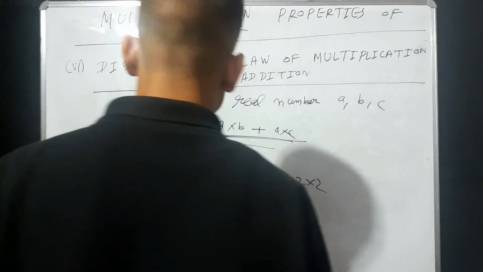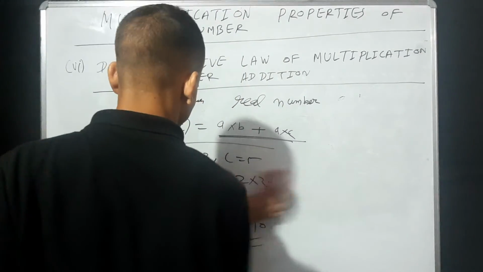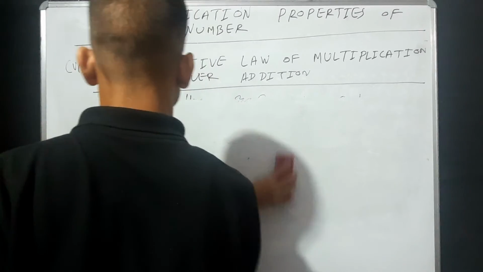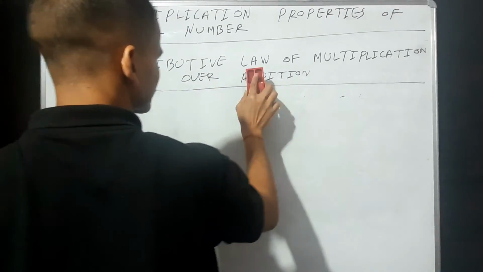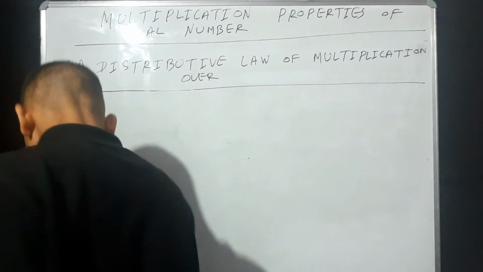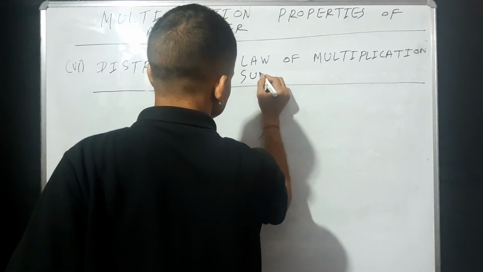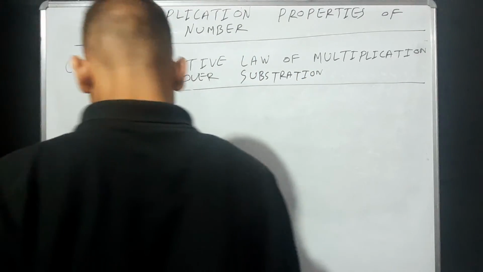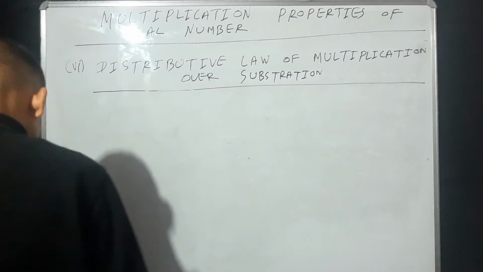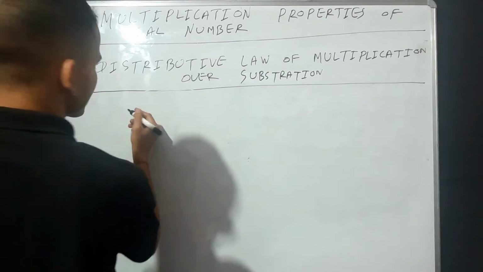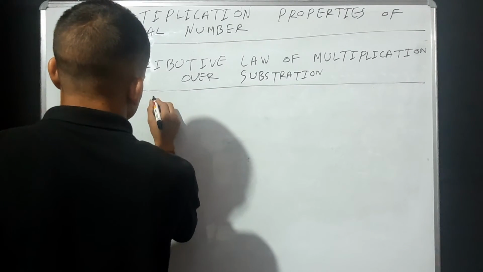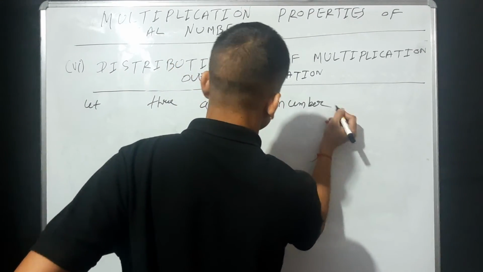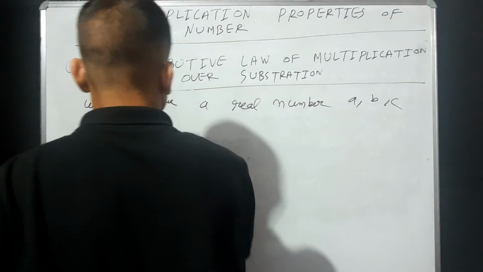One more property is left, which we also discuss: the distributive law of multiplication over subtraction. Let A, B and C be three real numbers.